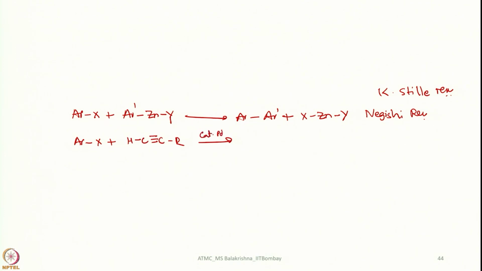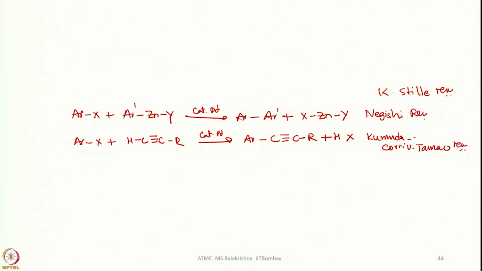Even if I do not write, you understand that you assume that there is a catalyst. This is called Kumada, Kumada and Corriu.